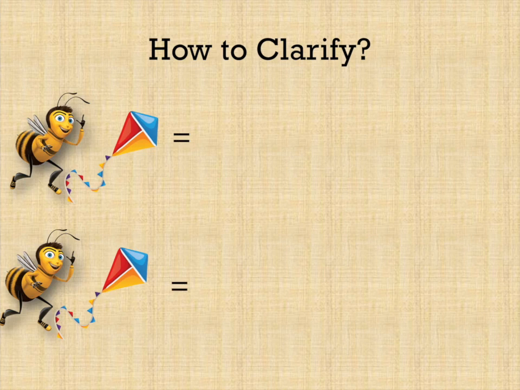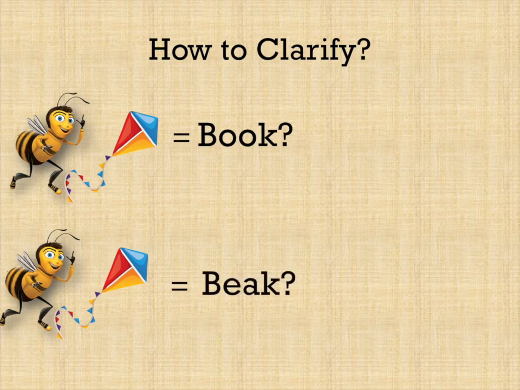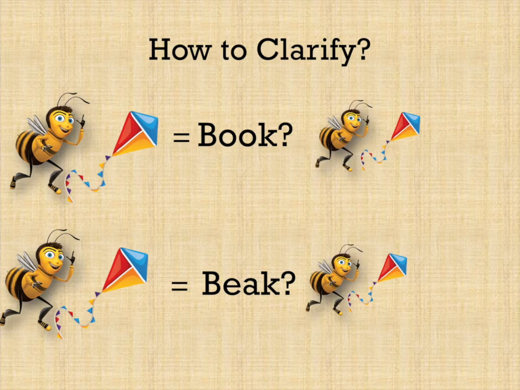How would I say book? How would I write that down and make it very clear? Or how about beak? What if I want to make that very clear? What should I do? The Egyptians found a way to clarify. They just spelled it out like usual, and then included something from a much older form of writing.